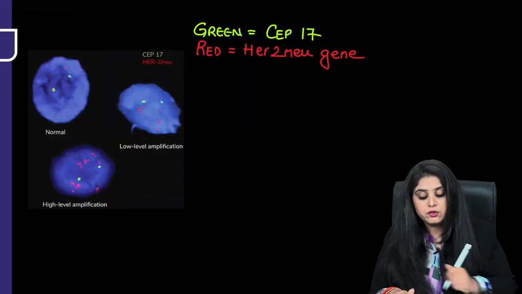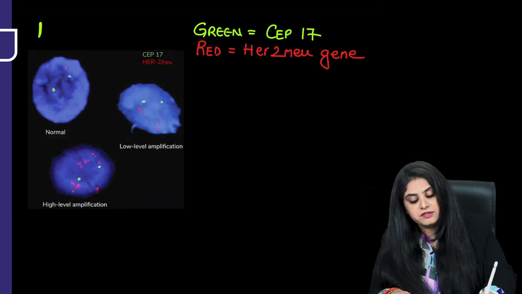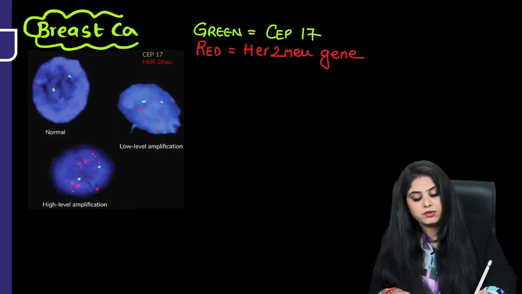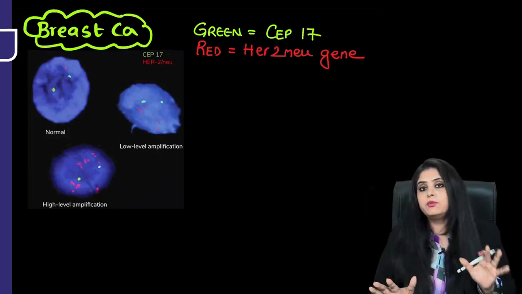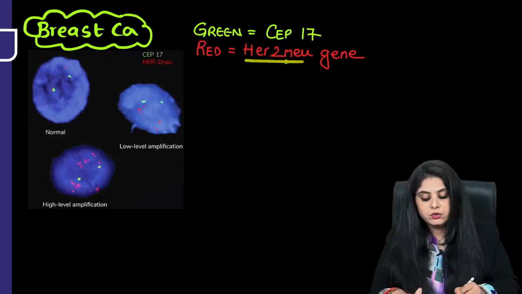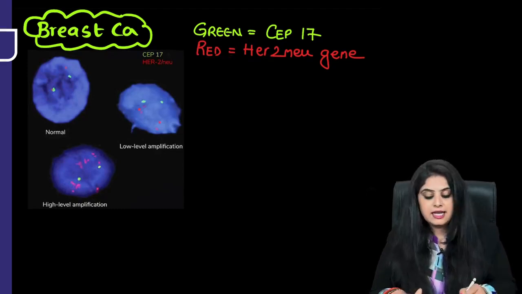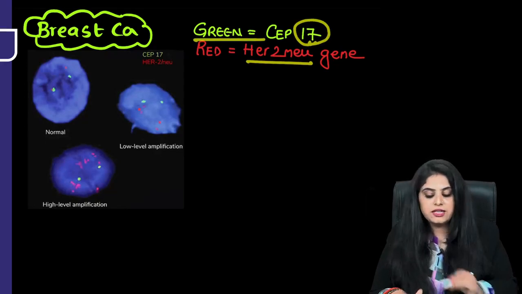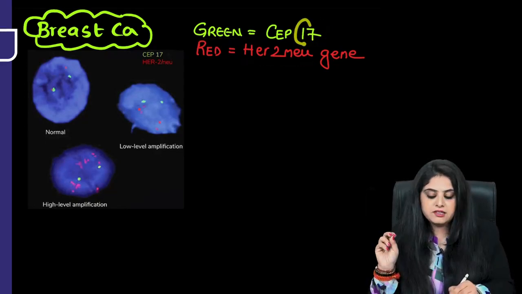Another use of FISH is for knowing HER2/neu amplification. Firstly, where do you want to know HER2/neu amplification? Breast cancer. This is not important for FMG students. This image is only important for INI-CET aspirants. Please note that the HER2/neu gene they have given red color, and because the HER2/neu gene is present on chromosome 17, they have given a green color. Now tell me, everyone has how many 17s?